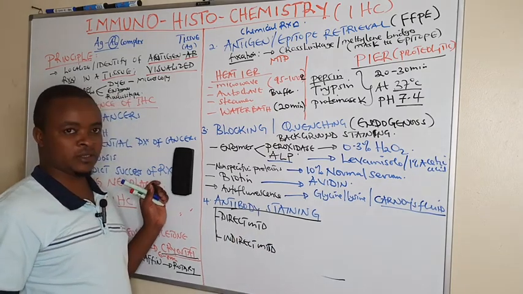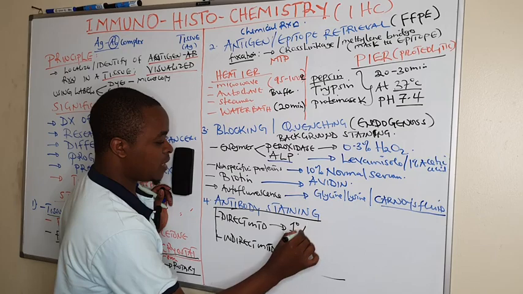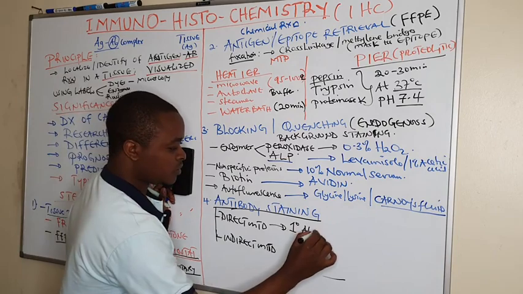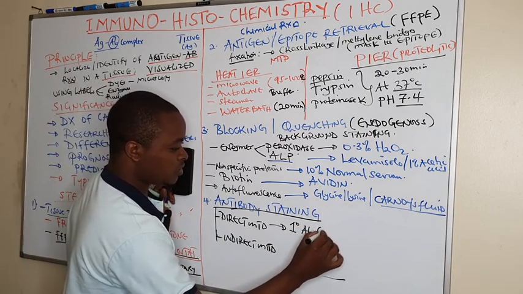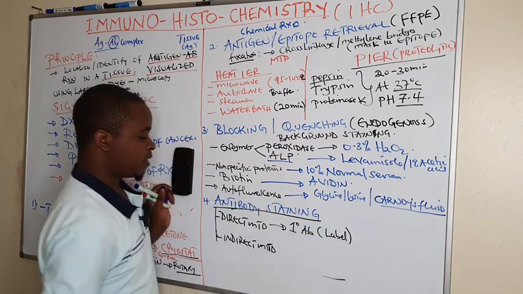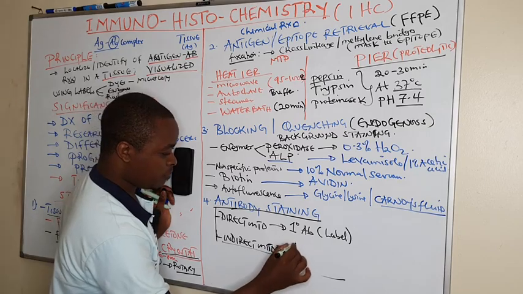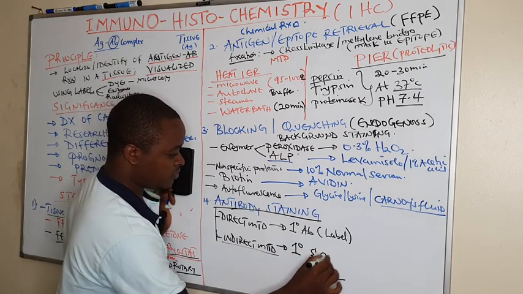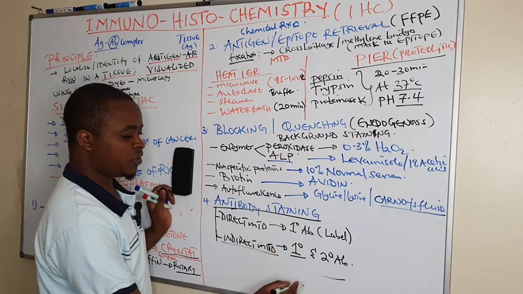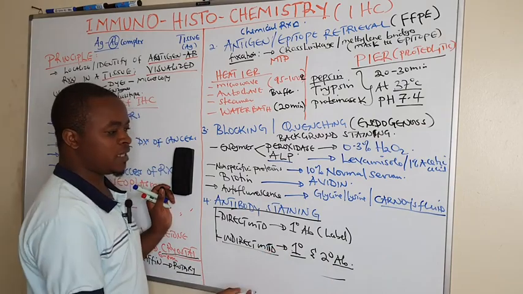Under the direct method, we are using only the primary antibody, and this primary antibody is always conjugated; it carries a label. Under the indirect method, we use both primary and secondary antibody. So we first add the primary antibody, we wash, then we add the secondary antibody.